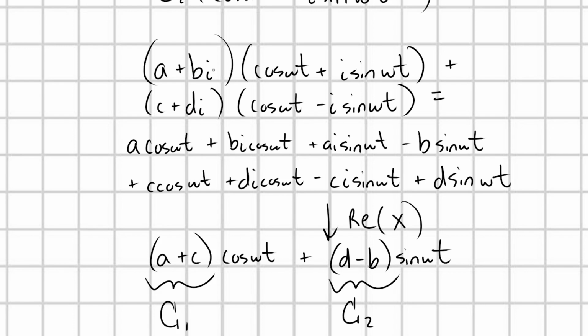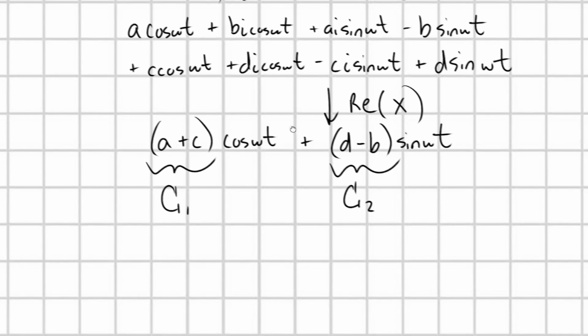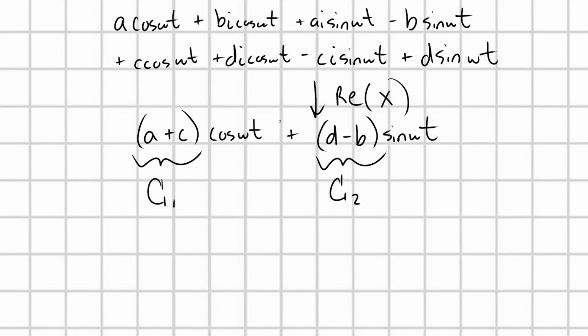It's just we took B and multiplied it by i, and we took D and multiplied it by i. That's how we formed our complex multipliers, our complex numbers.